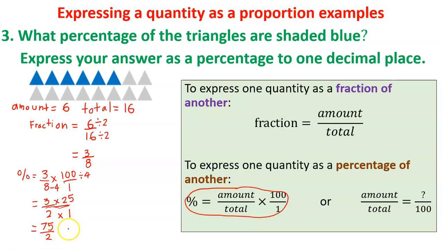I'm just going to move it this way because I've run out of space. 75 divided by 2 will actually be 37.5. And that's my final answer as a percentage. So the percentage of triangles that are shaded blue is 37.5%. Can you please pause and copy this example into your workbooks?